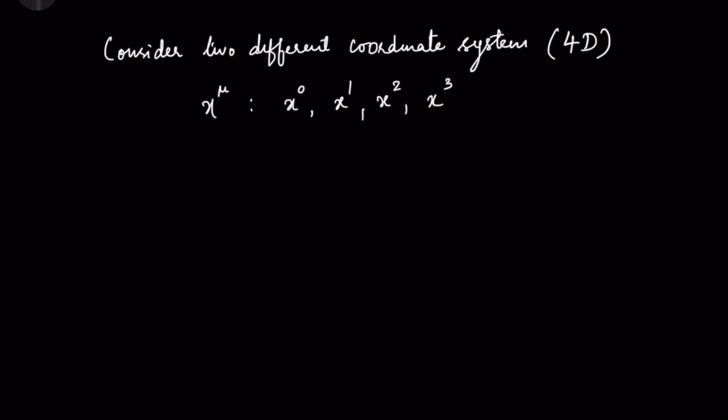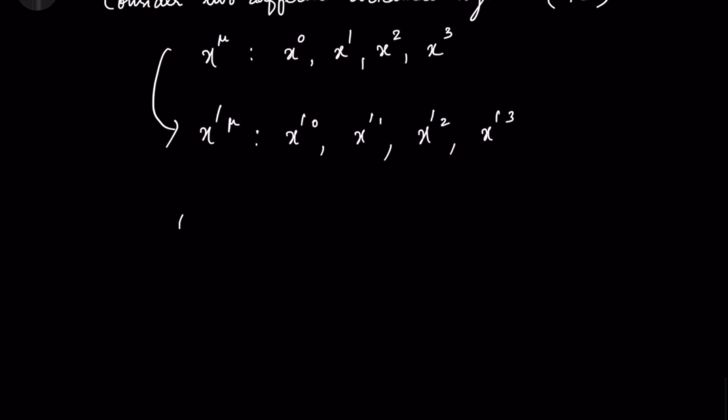And another coordinate system, x prime mu. This is a primed coordinate system, where the coordinates are given by x prime 0, x prime 1, x prime 2, and x prime 3. Now these two coordinate systems are related to each other by a coordinate transformation, right?